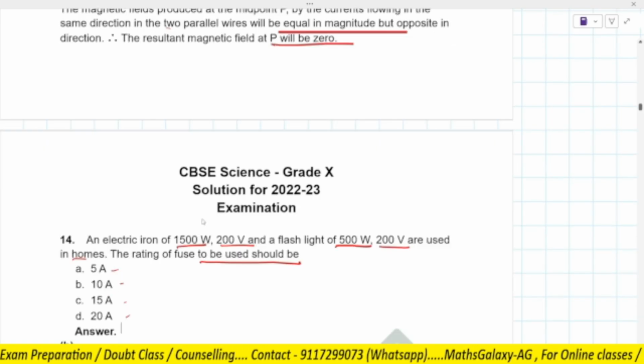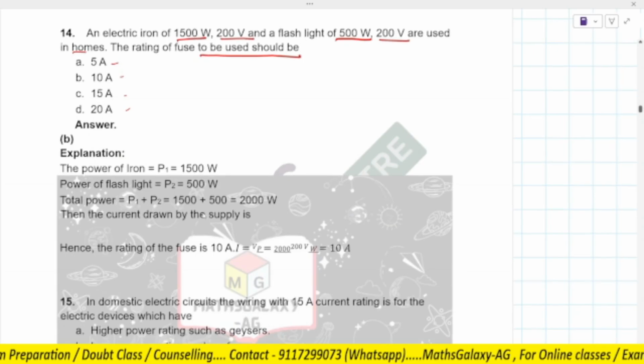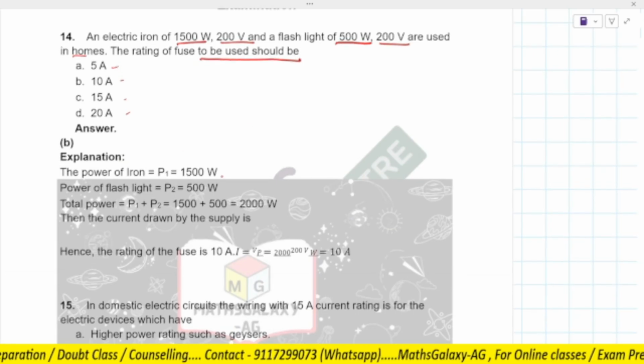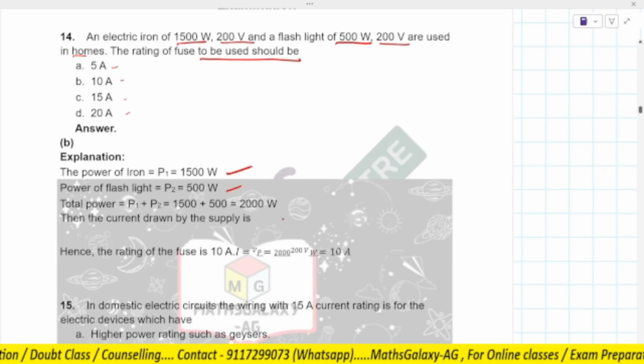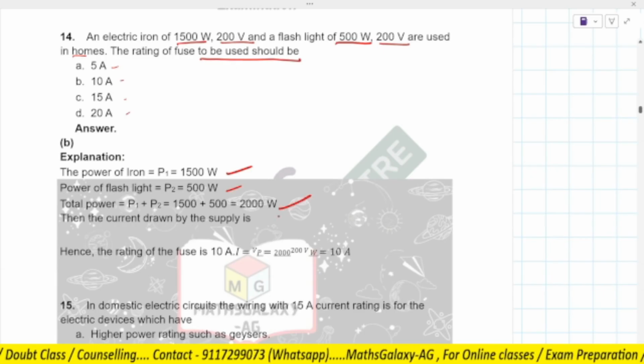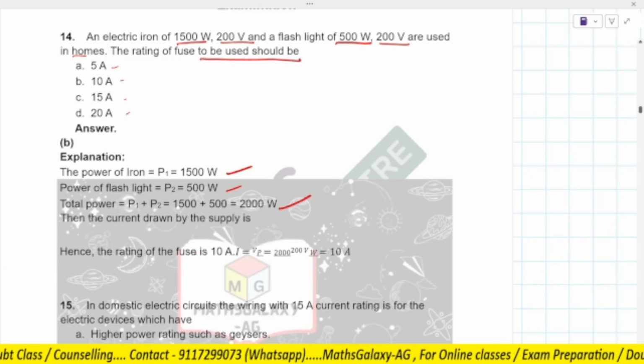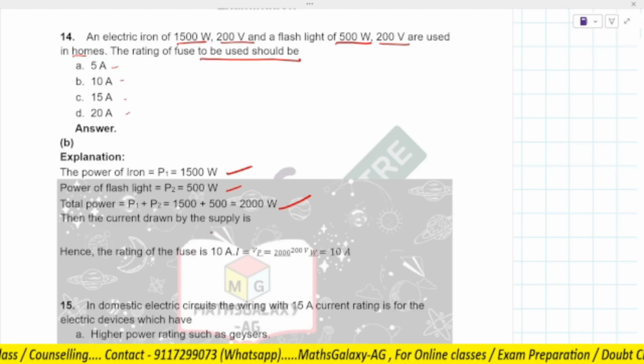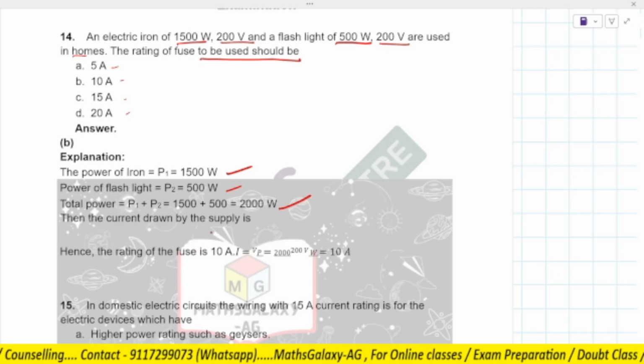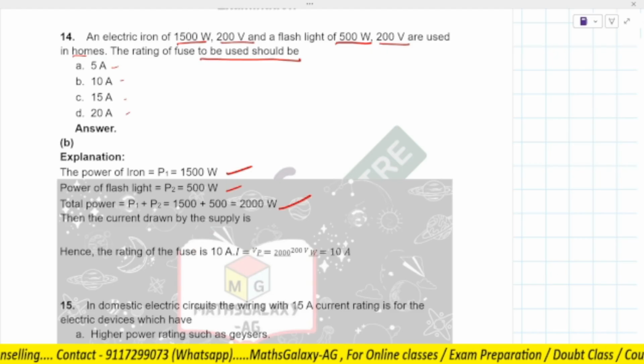Let's see here, the explanation is given. P is 1500 watt, then 500 watt, total will be 2000 watt. Then the current drawn from the supply, answer is 10.